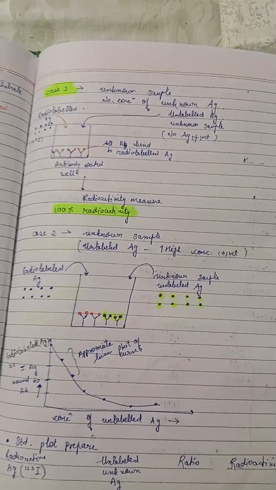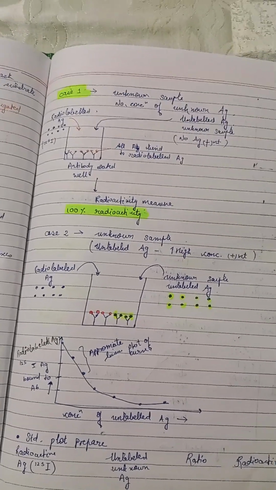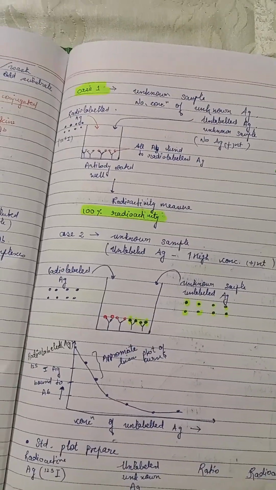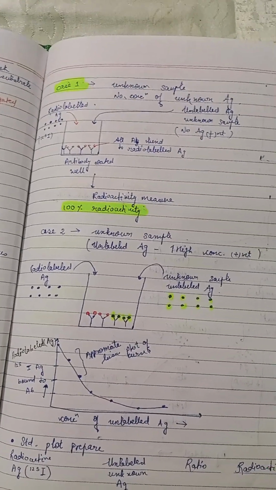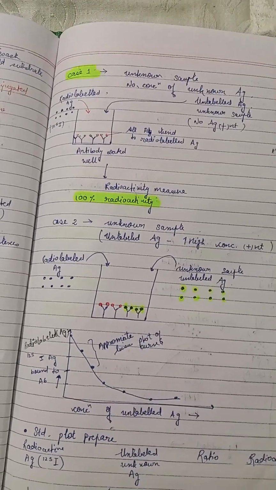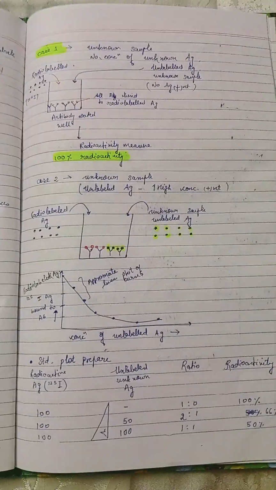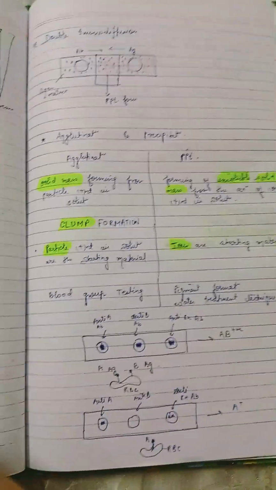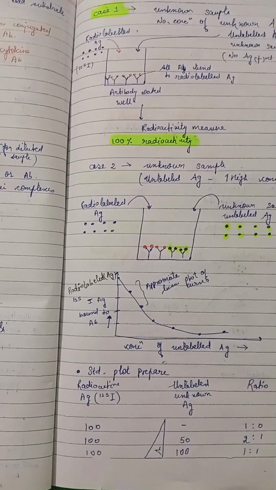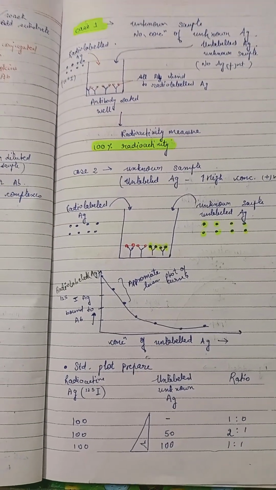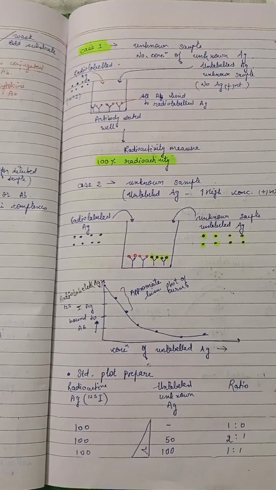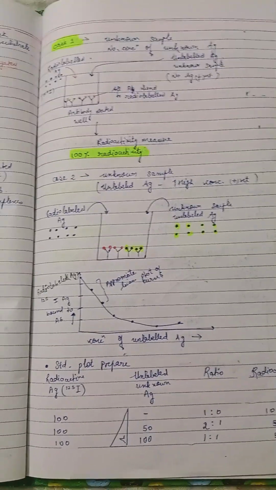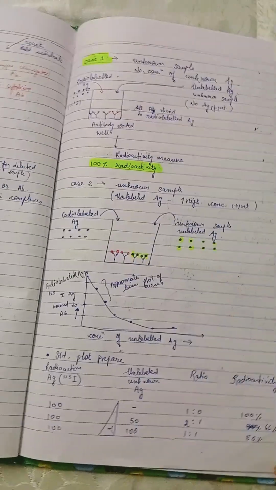However, in case 2, a high concentration of antigen is present, with radiolabeled antigen and an unknown sample having unlabeled antigen. You will see that antibody binds with both unlabeled and radiolabeled antigen. This is the graph: with increasing concentration of unlabeled antigen, there is a decrease in the iodine-125 antigen bound to antibody.